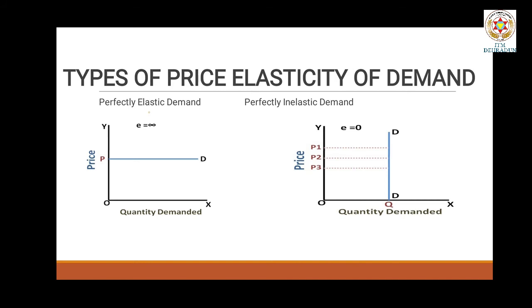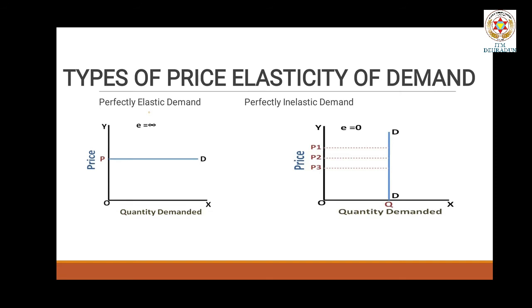The perfectly elastic demand is the extreme range of elasticity. Here, an unlimited quantity of the commodity can be sold even with the slightest change in its price. Here the elasticity is equal to infinity, and we have a horizontal demand curve.